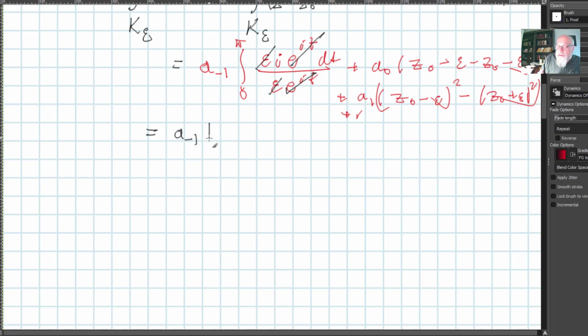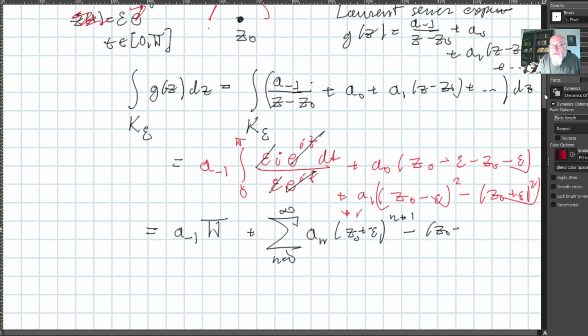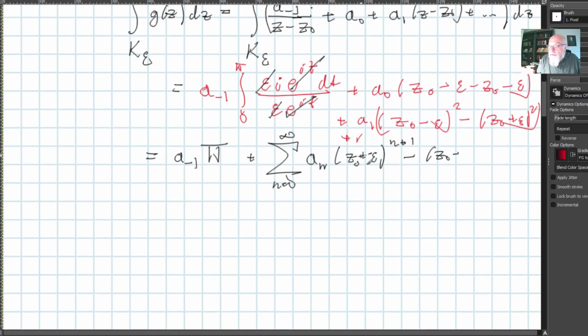And here I can put it like the sum from n equal 0 to infinity of a_n times ((z0 plus epsilon) to the power n plus 1 minus (z0 minus epsilon) to the power n plus 1), divided by n plus 1, and then take epsilon going to 0.